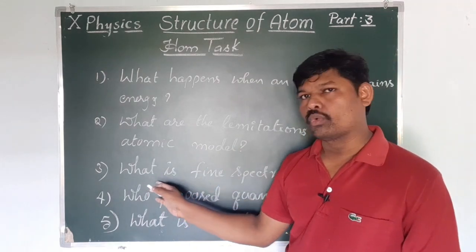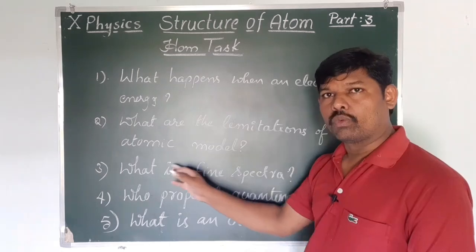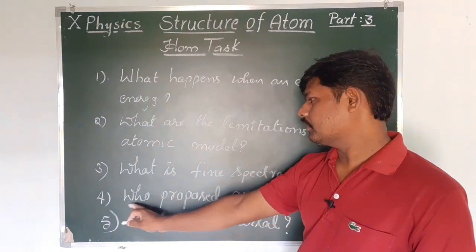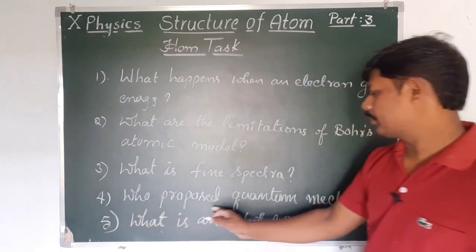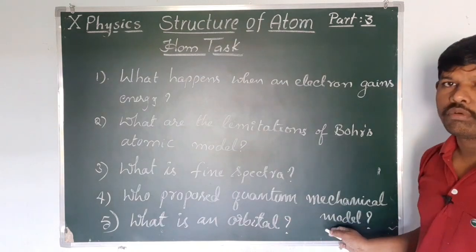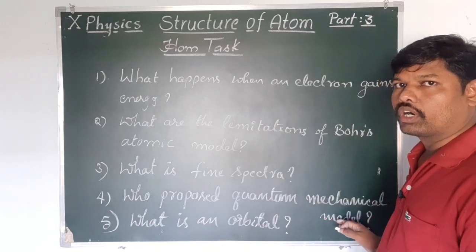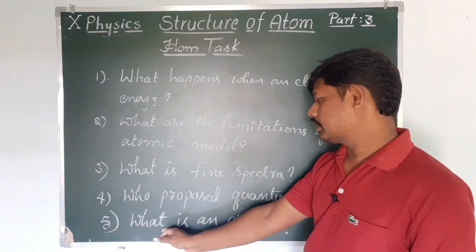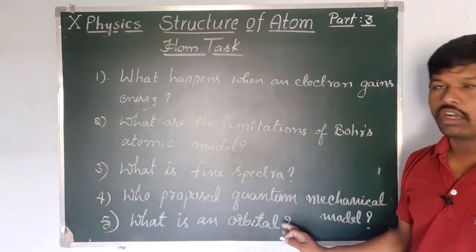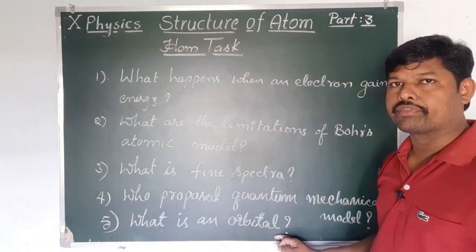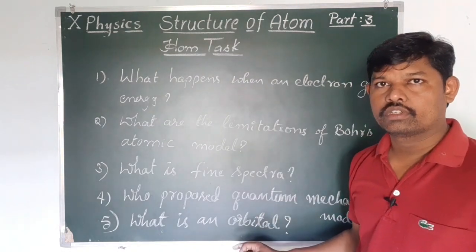Third question, what is fine spectra? Fourth question, who proposed the quantum mechanical model? And fifth question, what is an orbital? You have to write the definition for the orbital.